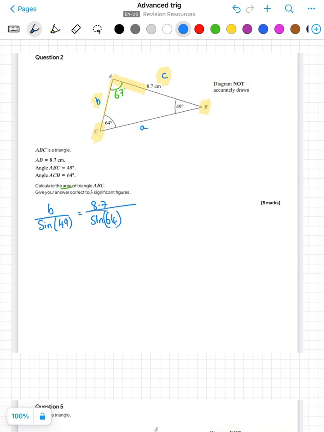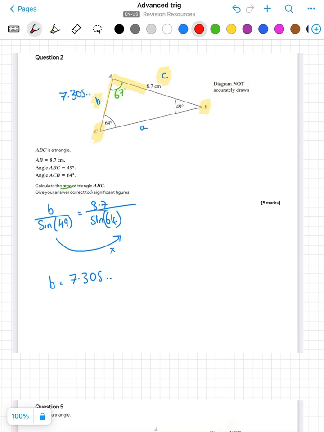We rearrange in the same way we did above, so we're going to multiply our sine 49 over. So we pop that in our calculator. 8.7 over sine 64, and then we multiply that by sine 49, giving us a length of B of 7.305.